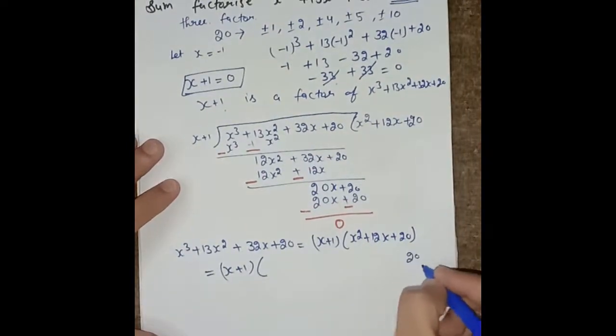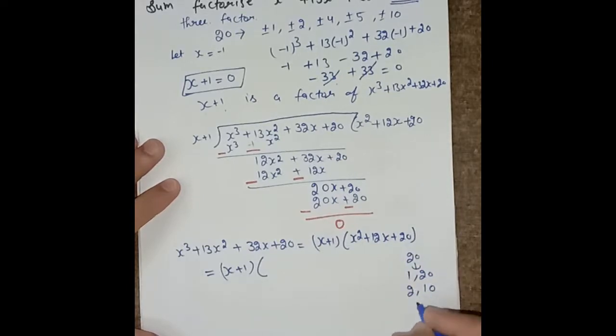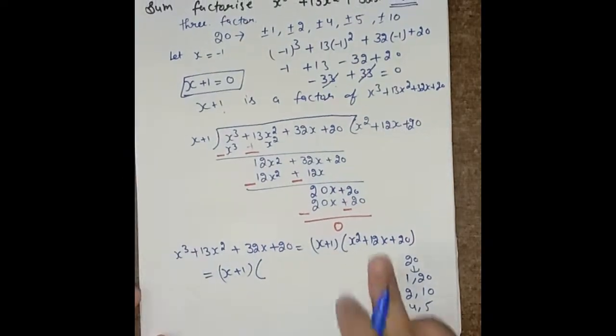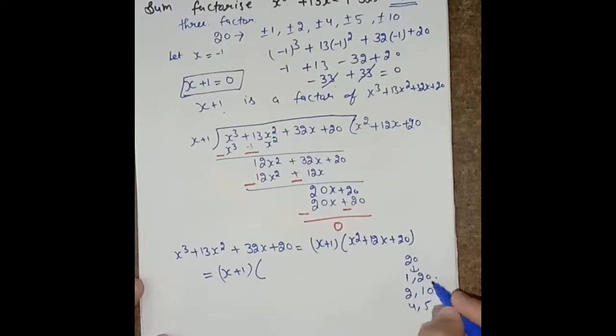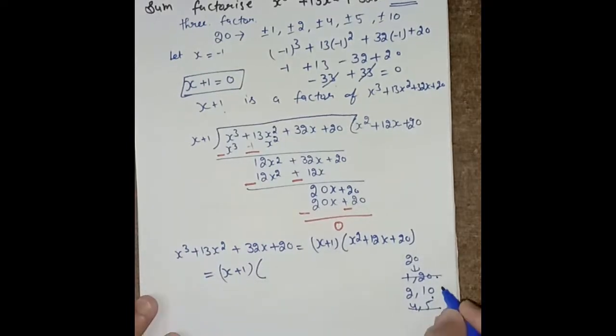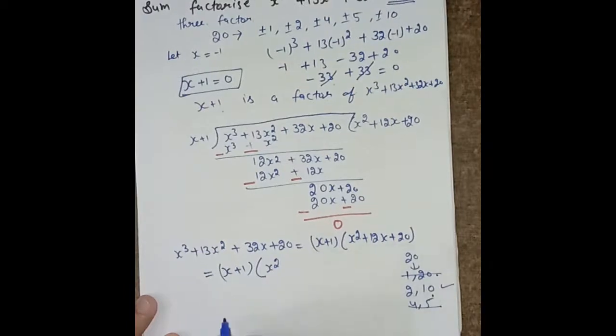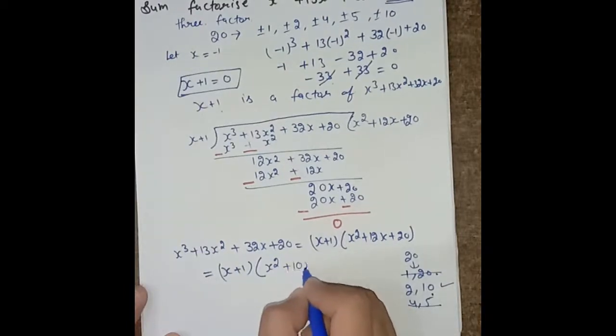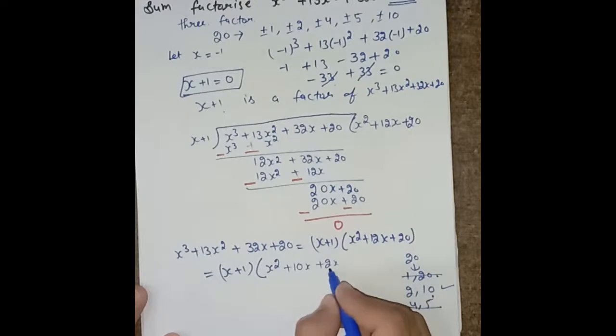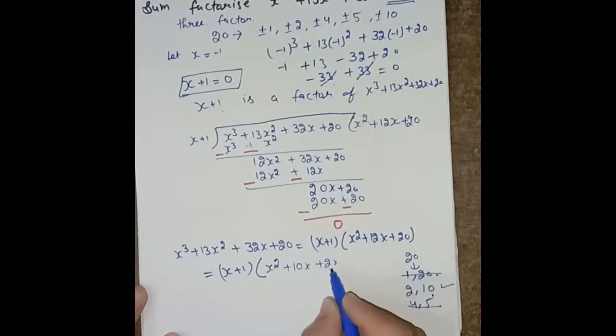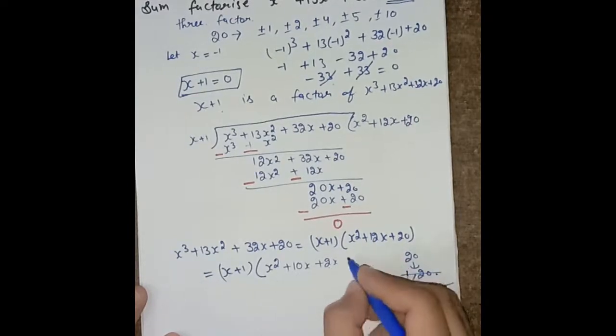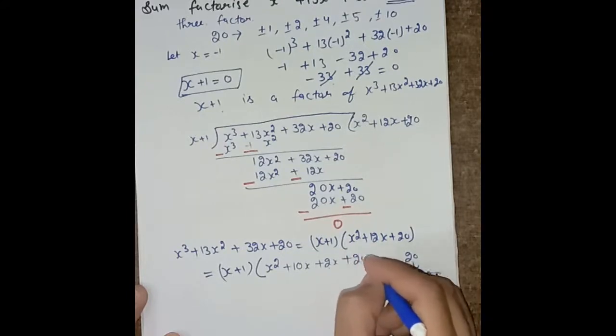The 20 we have pairs 1 into 20, 2 into 10 and 4 into 5. Now try to make 12. 20 and 1 not possible, 4 and 5 not possible, 2 and 10 make 12. So this will be our factor. x square plus 10x plus 2x. 10x plus 2x is 12x, and 10x into 2x will be 20x square. So this will be our factor.